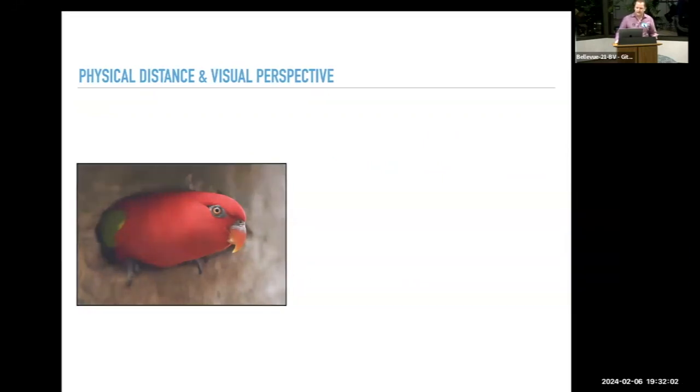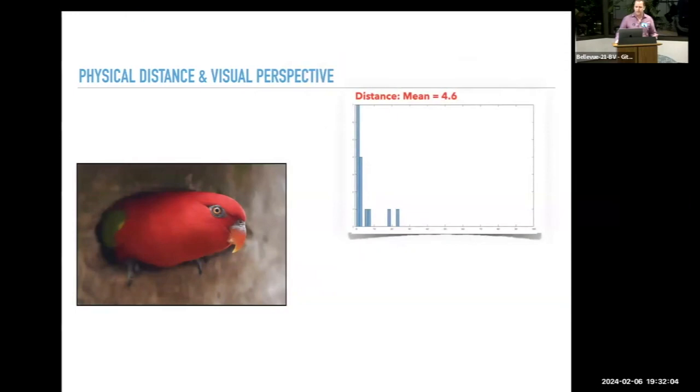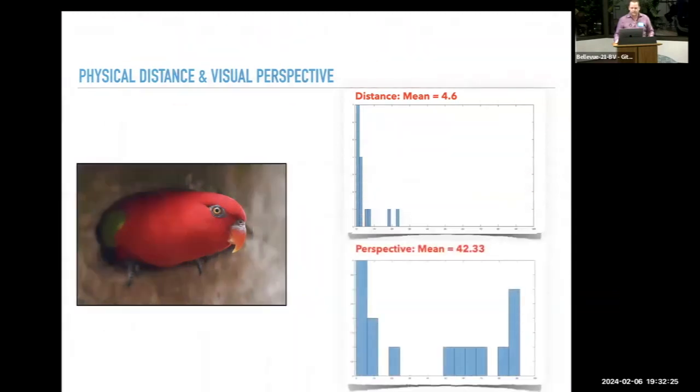And here's an example of another hyper-close image in the database. And this is the distribution of ratings for distance. You can't see the numbers here, but it's on the 100-point scale, so you see the lower numbers to the left. Pretty good agreement that this is, in fact, a close image. That's exactly what we would hope and expect. However, when we look at the perspective, there's very little agreement.